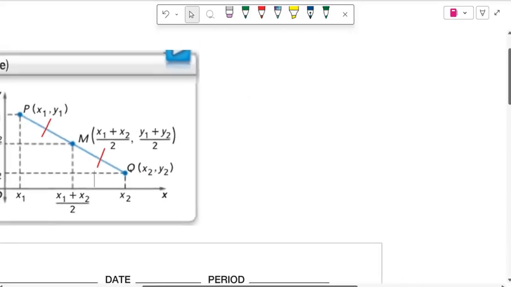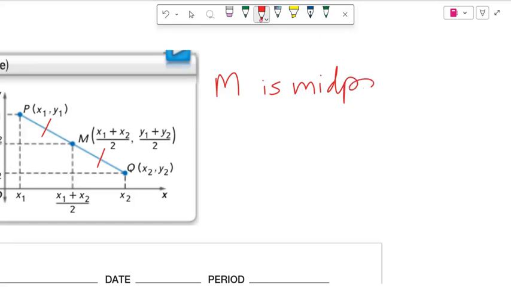So off to the side of your drawing on your notes, go ahead and write this down. M is the midpoint of segment PQ. And we just said those tick marks represent congruent segments, right?